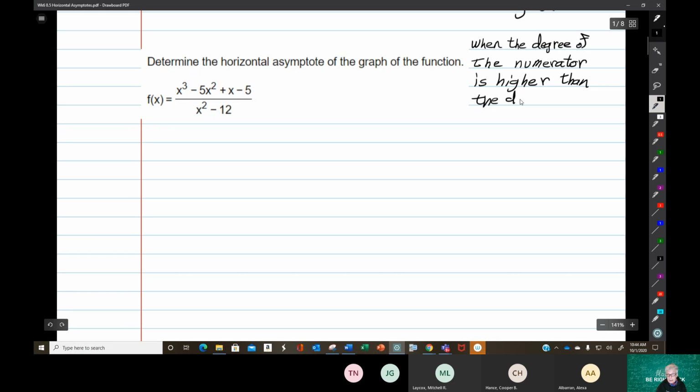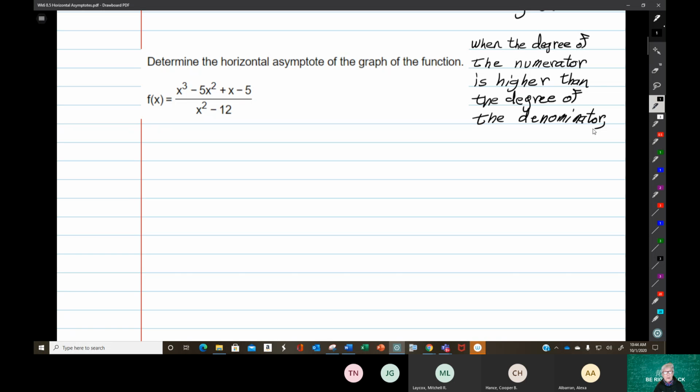The degree of the denominator. You ready for this answer?